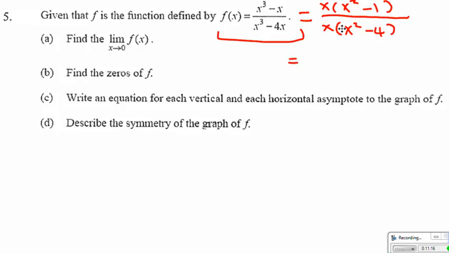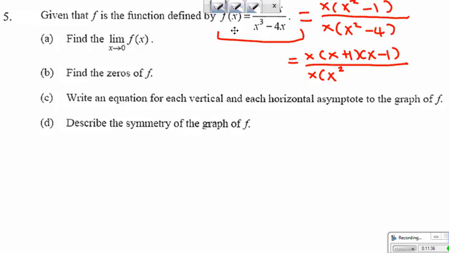Then this expression can be factored further: x times x plus 1 times x minus 1, over x times x minus 2 times x plus 2.